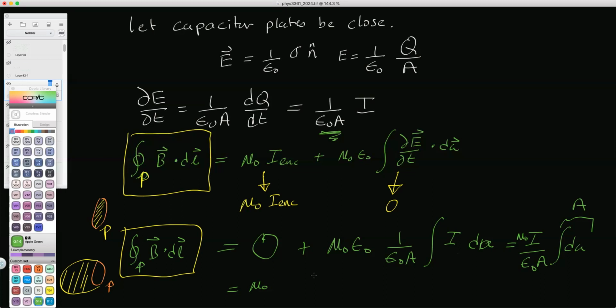Okay, so we started off with μ0 ε0, and then we have another ε. You're right, the epsilons will cancel. I left out an epsilon here, so that should cancel, right? And then we just get μ0 I over A times A. In other words, μ0 I. Same exact answer, right? Okay, so that's kind of how the fix works.